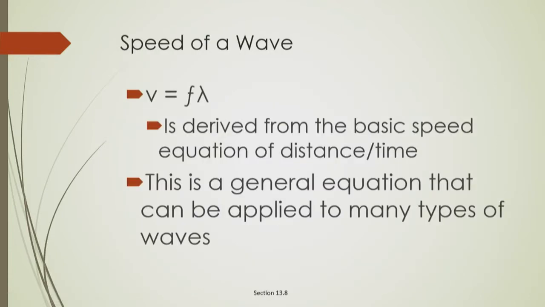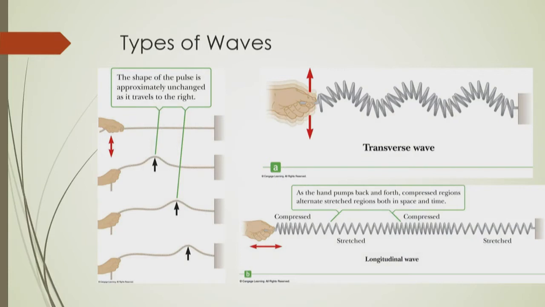We did talk about this on Friday, that the velocity of the wave is related to the frequency times its wavelength. So if I go back here, wavelength is the distance, looking at the x distance, from point to point for one complete cycle.